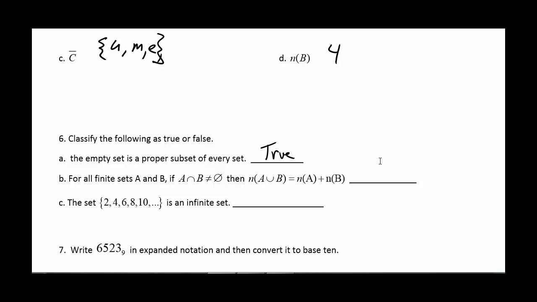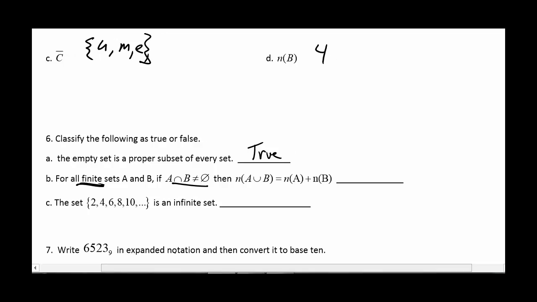B, for all finite sets A and B. Okay, that actually matters, that word finite. If the intersection of A and B is not empty, okay, so if, I'm going to go off to the side here. So I have set A and I have set B, and I am talking about this overlap here.